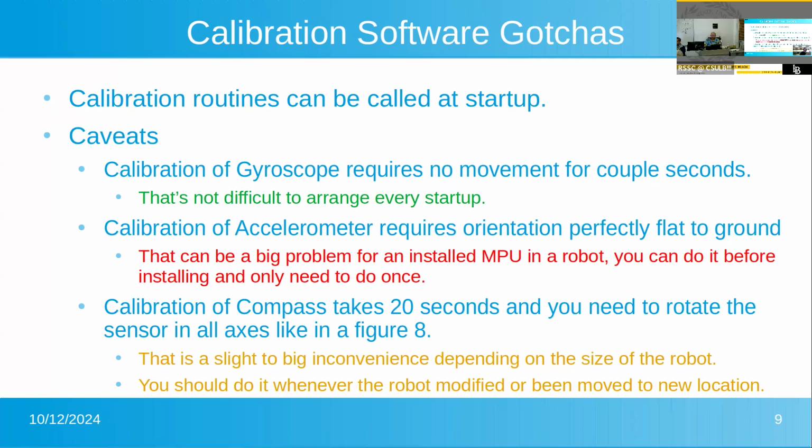So it takes those measurements, gets an average, and subtracts that from all future readings, so when the thing is still, it will come up zero. That can be done at startup. It only takes a second, and it can be in any position as long as it's still, because the gyroscope measures change in angular position.